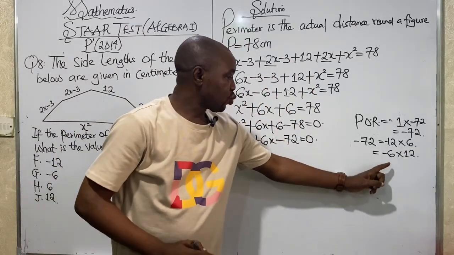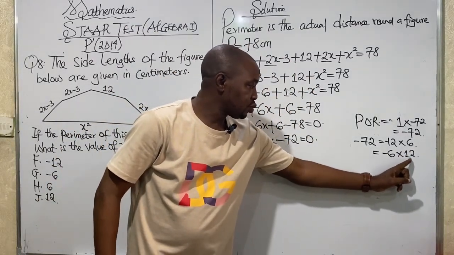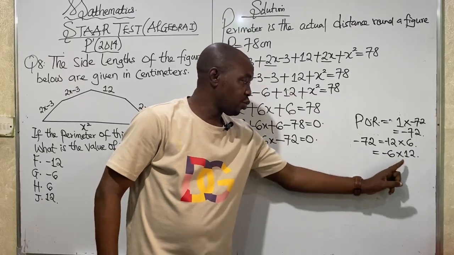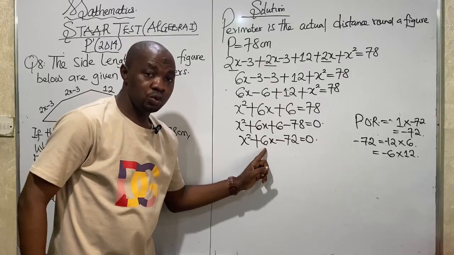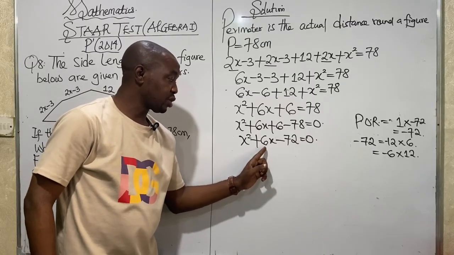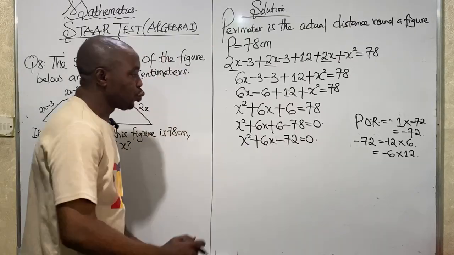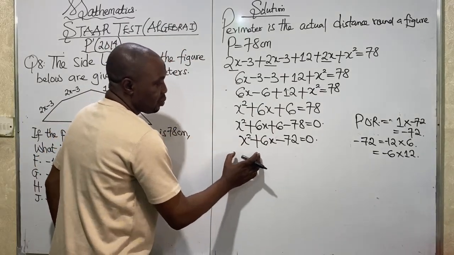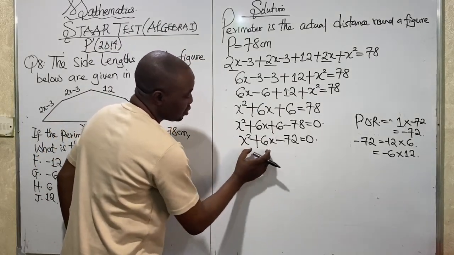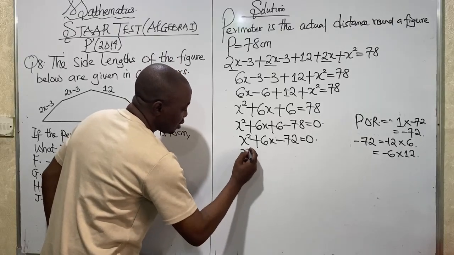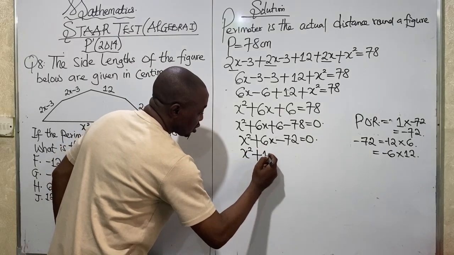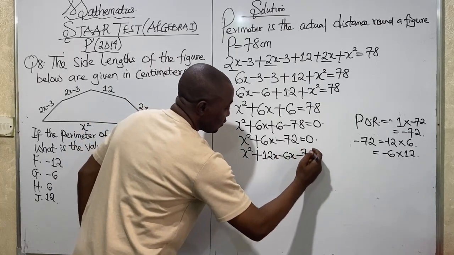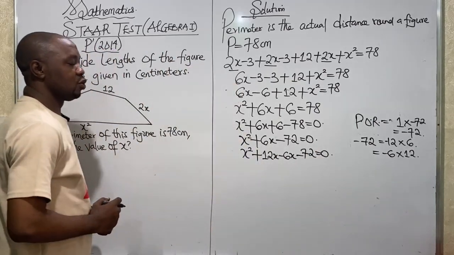When we add positive 12 and negative 6 together, we'll get the middle term, that's plus 6. So the factors that will work here become the sum of roots. So we have x squared plus 12x minus 6x, then minus 72 equals 0.